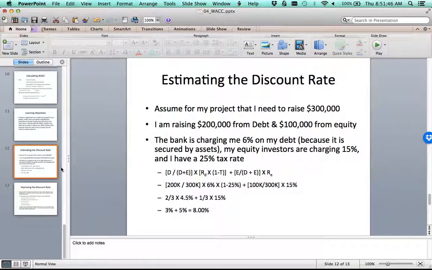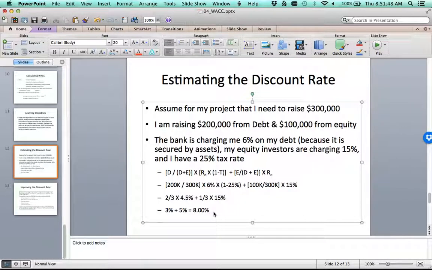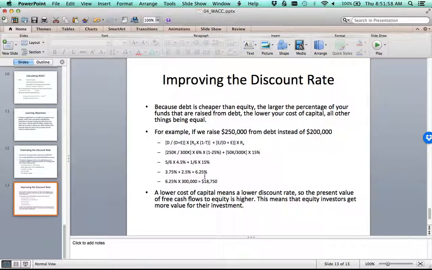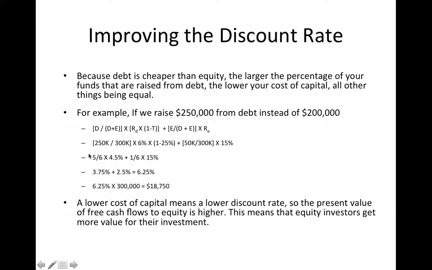All right. Whereas if we'd done this one, we could have said 8% times 300,000 equals 24,000.